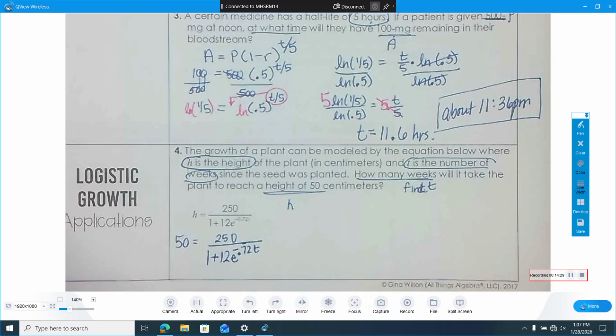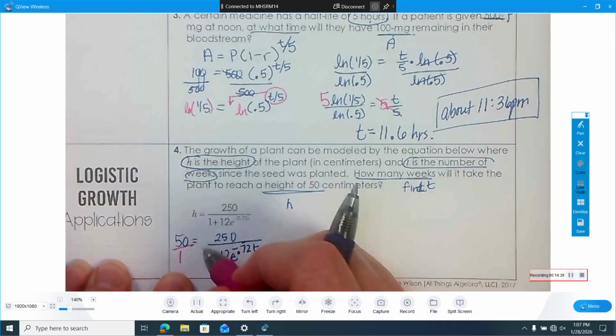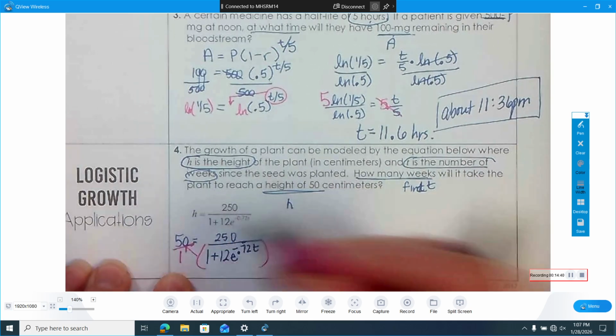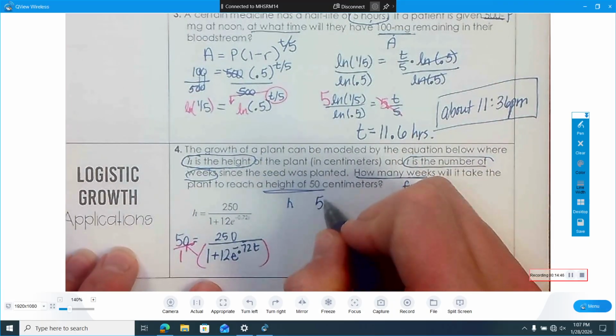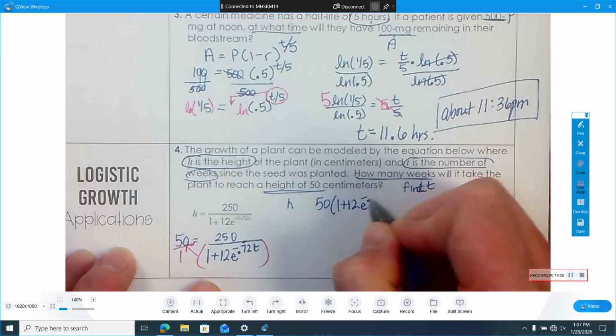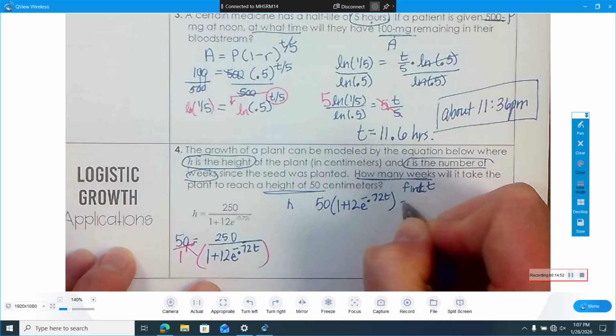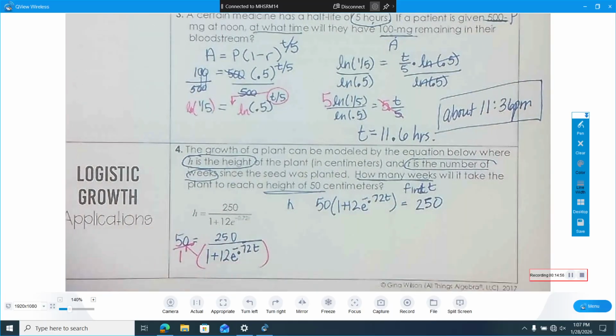How do you want to solve that? Multiply. Yeah, so I can think about this as 50 over 1, and we can multiply that denominator to the other side, like cross multiply, if you will. So I have 50 times the 1 plus 12e to the negative 0.72t equals 1 times 250, which is just 250.